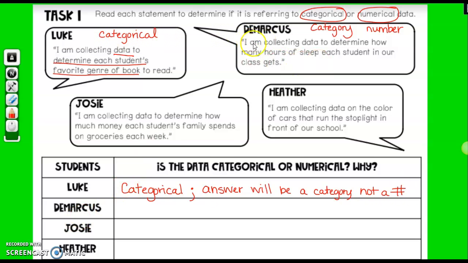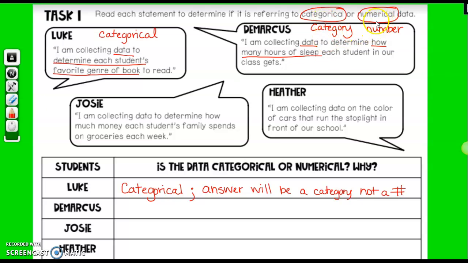All right, so let's go over to DeMarcus. DeMarcus says, I'm collecting data to determine how many hours of sleep each student in our class gets. So this data is going to be how many hours of sleep each student is going to get. So if he asked you that question and said, how many hours of sleep do you get per night? Are you going to answer with a category? Are you going to say something like blue?